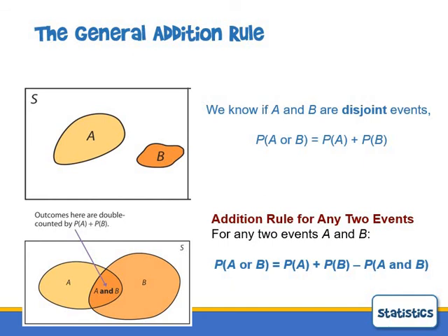The probability of A or B in general is the probability of A plus the probability of B minus the probability of the intersection of A and B. And that formula is always true. When they're disjoint, the probability of A and B is 0, and you just get the probability of A plus the probability of B.